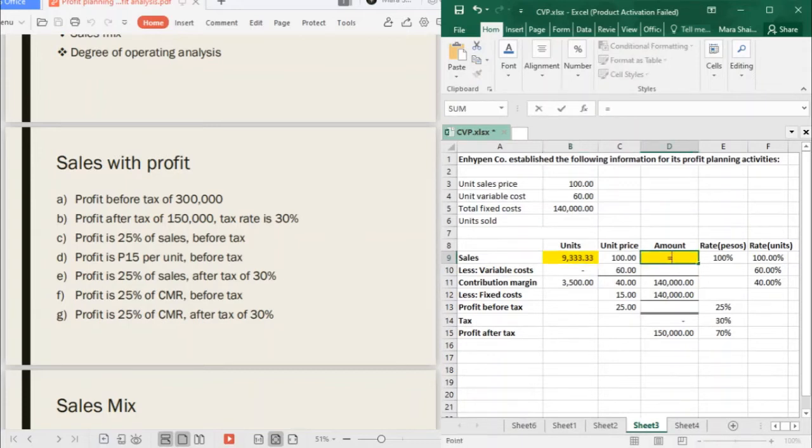So, therefore, your sales in peso is... excuse me. And then, given that we know the units is 933, let's just complete this.